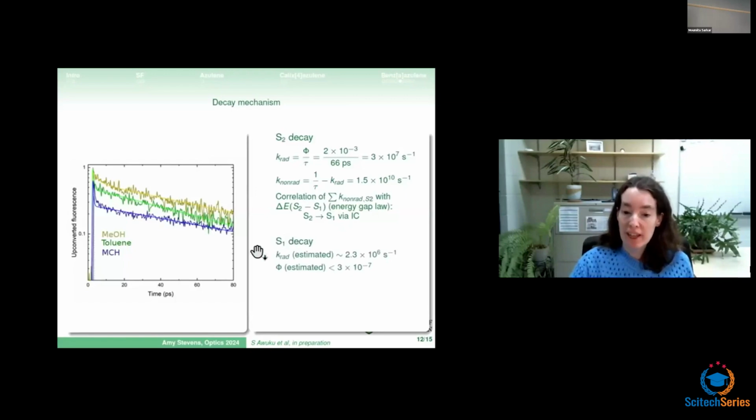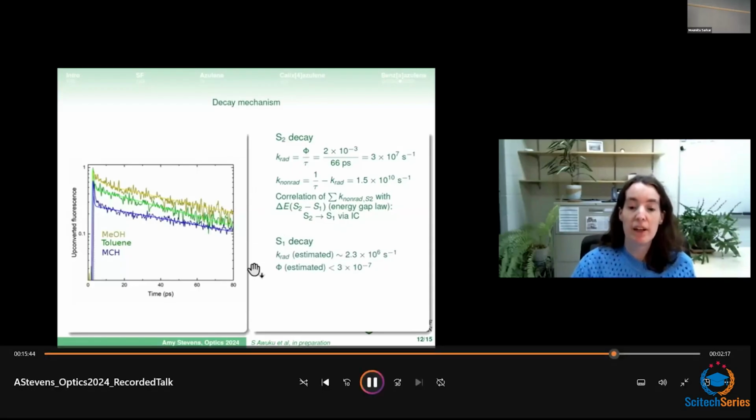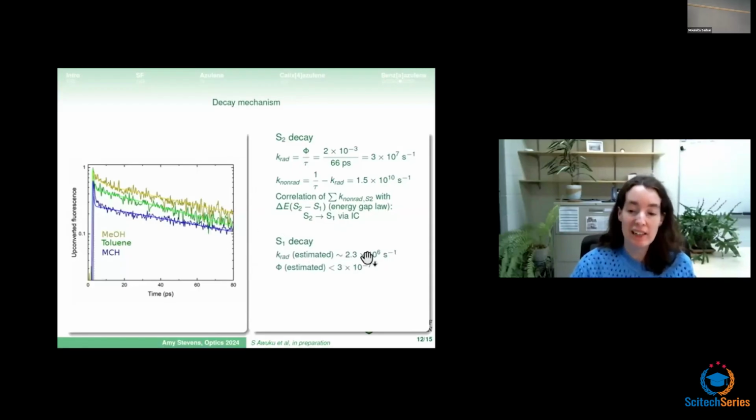Then for the S1 decay, it's very difficult to do this because we don't see any S1 emission, but we can kind of guess or calculate an upper bound on these. So our radiative decay rate constant is around 10 to the 6. Our quantum yield is roughly 10 to the minus 7. That gives us a non-radiative decay rate, which is really large.